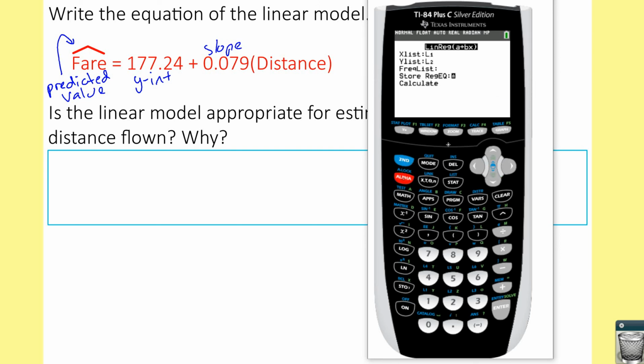So let's do alpha trace, Y1, calculate. Okay, so then hopefully, see our A value and our B value were really good estimates too. Okay, just how the calculator did it, exactly the same.